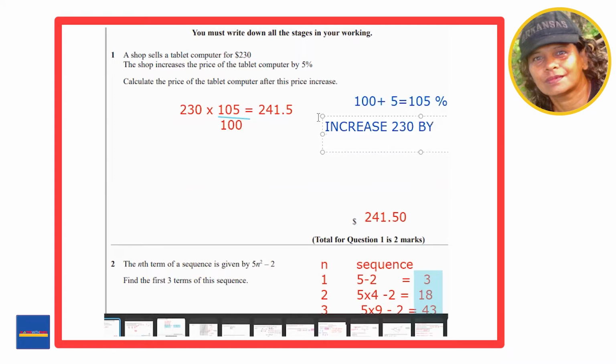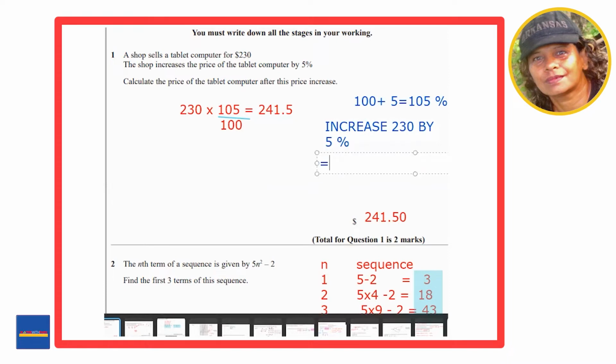So basically increasing something by 5% means we are multiplying it by 105%.